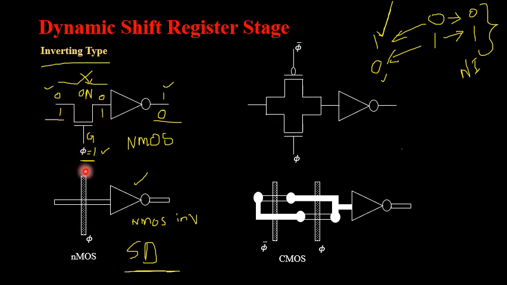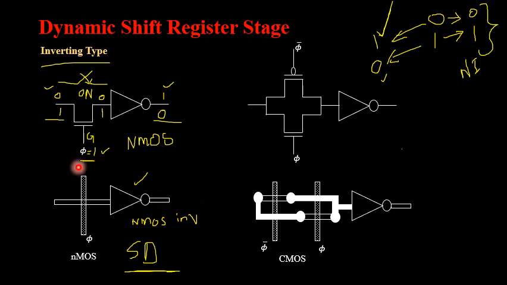So this vertical dotted layer that you are seeing here is the polysilicon gate terminal, and this horizontal layer represents the N type diffusion. So when polysilicon crosses the N type diffusion layer, an NMOS transistor is formed. So this is the NMOS transistor. Then it is cascaded with an inverter. Then once again I am going to consider it in terms of a diffusion layer. Further, if I want to make any sort of connection, I can make use of this.